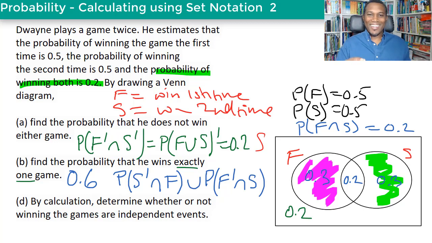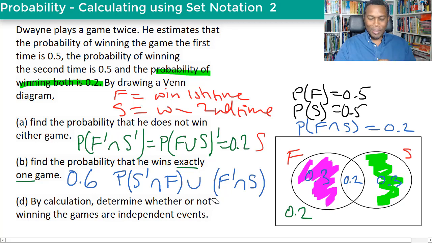I'm going to make one edit to it just to show you how slightly more complex it could be. Actually, I could take out the P. We don't need it. We could actually make it one. What's the probability of S prime intersection F union F prime intersection S? I'll put it in a different color so you can see we can do it separately.